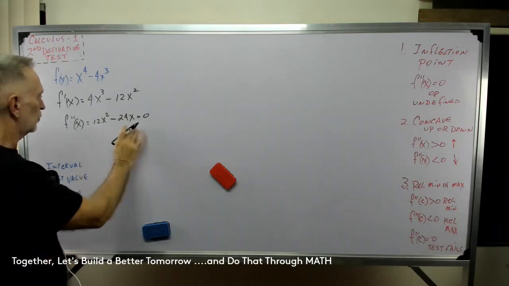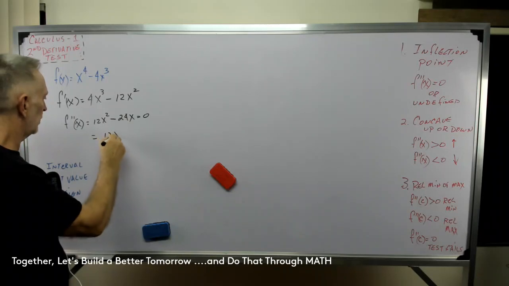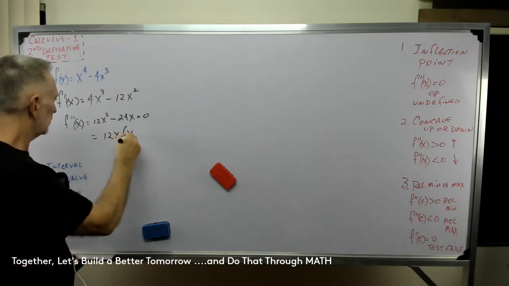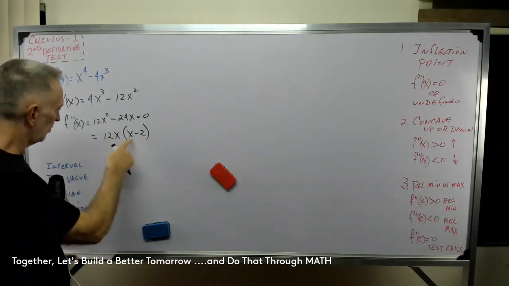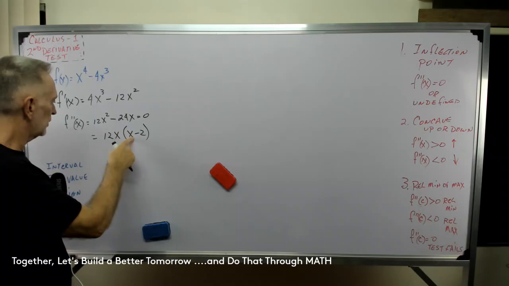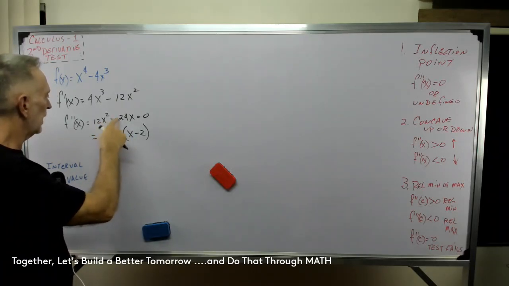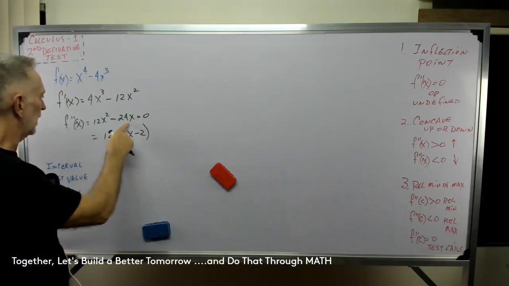All right, I can get a 12x out of this. So let me pull the 12x out, and that equals x minus 2. Is that right? Let's use the distributive property. 12x times x gives me 12x squared. 12x times a negative 2 gives me negative 24x.